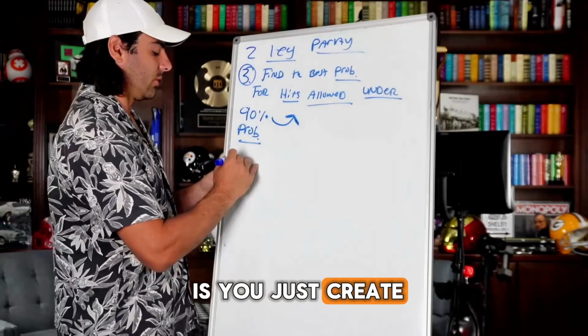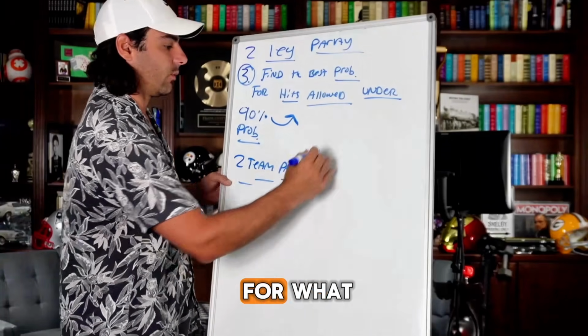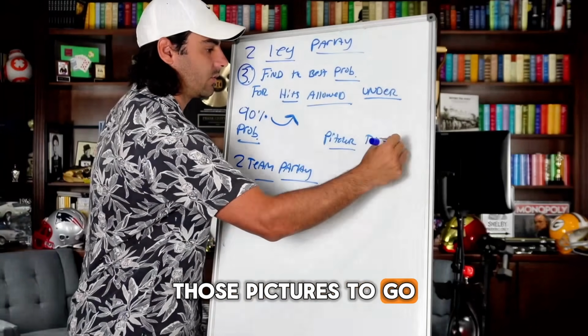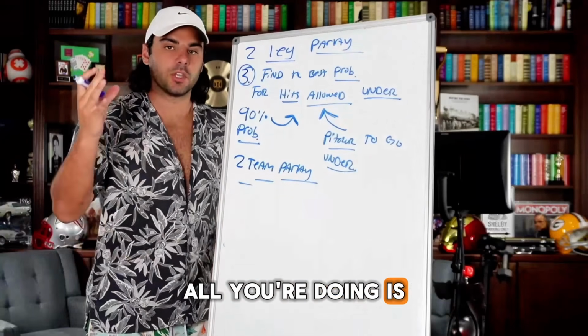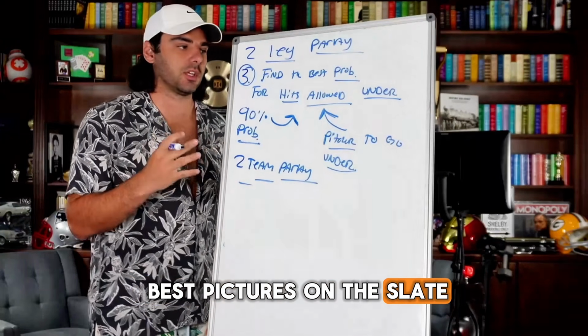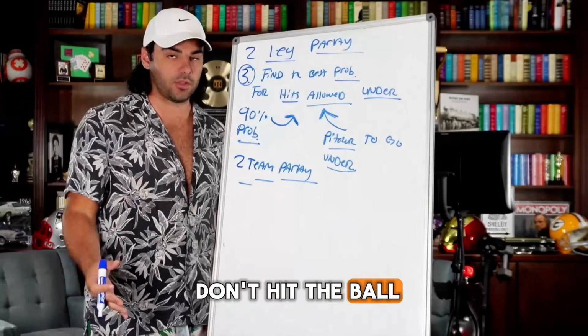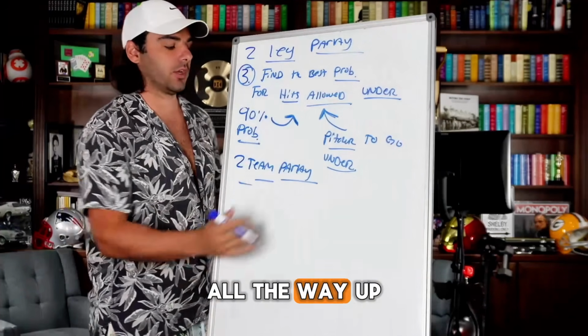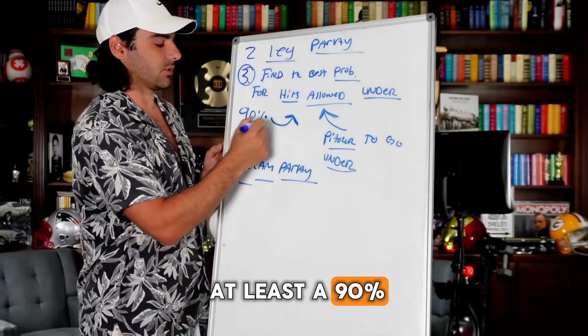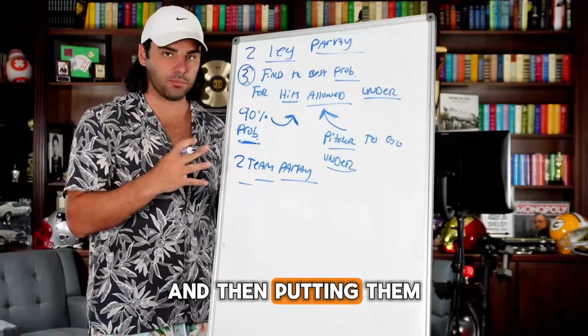Then you just create a 2-team parlay for those pitchers to go under their hits allowed number. All you're doing is sandwiching 2 of the best pitchers on the slate going against teams that don't hit the ball that well, and then buying their hits allowed number all the way up to where we have at least a 90% or more probability, and then putting them both together.